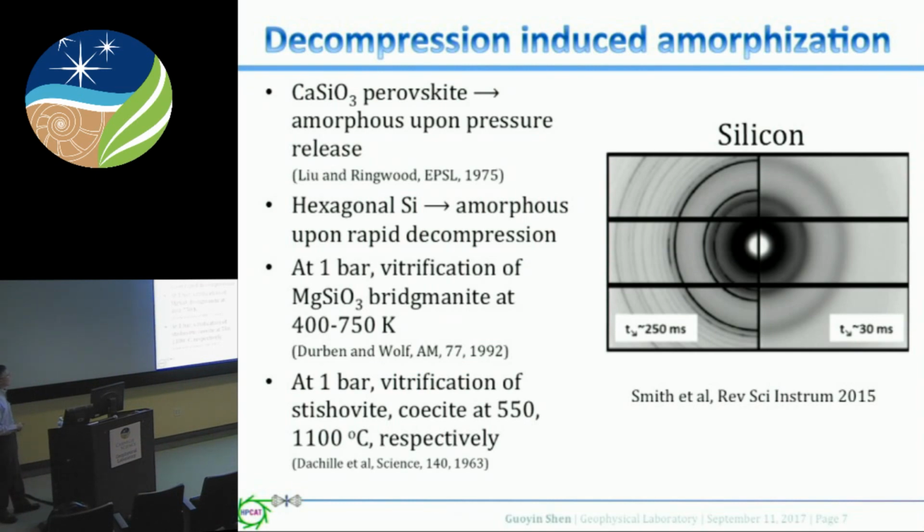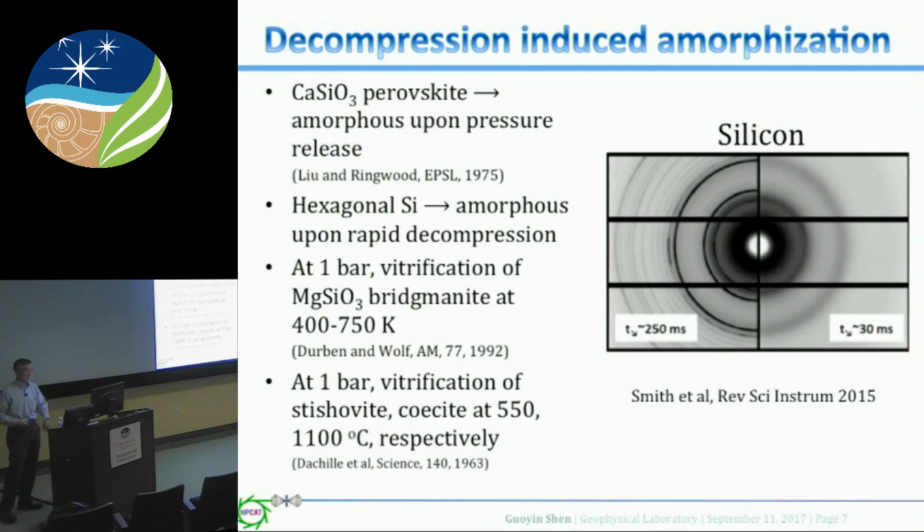And the other examples are not directly by pressure, but related. For MgSiO3 bridgemanite, this is a pressure-recovered sample, and at ambient pressure, if we heat this sample to the 400 or 700 to 750 Kelvin temperature range, we see vitrification or amorphization of this bridgemanite.